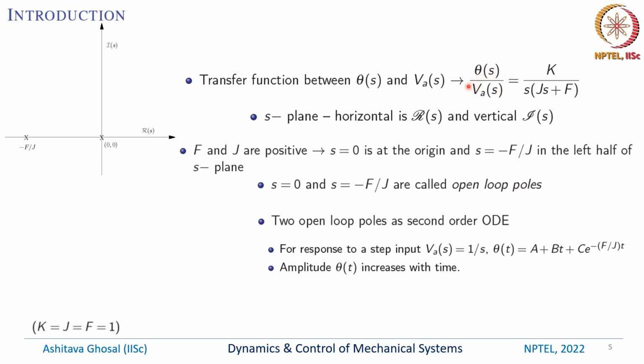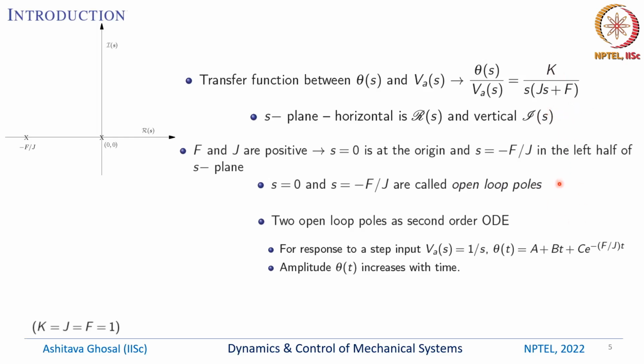So once you substitute Va of s as 1 over s on this side, we can see that theta of s is k divided by s into (js plus f) into 1 over s. We can use partial fractions of the right hand side and we will get three terms. There will be one term which will be a constant, then another term which will be something divided by s, and then a term which is coming from k divided by js plus f.